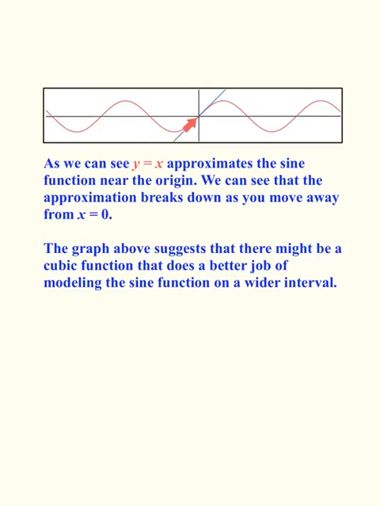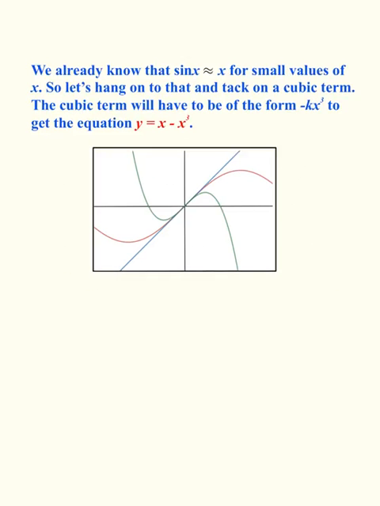Right around x equals 0, we have a really good approximation for the sine function using this line. However, the further we get away from 0, the more error we're going to have. So we want a function that's going to hug this curve for a little bit longer. Let's try using a cubic function to help model this.